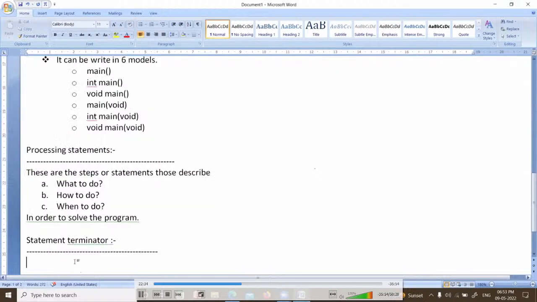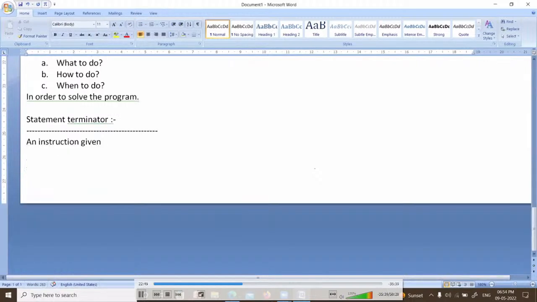Now, what is the meaning of a statement? What is a statement in a program? A statement is nothing but an instruction given to the computer, in the sense of the compiler. Every statement must terminate with a semicolon.